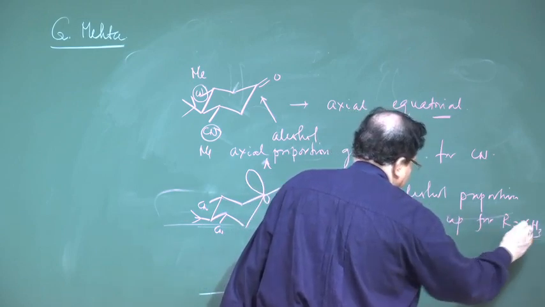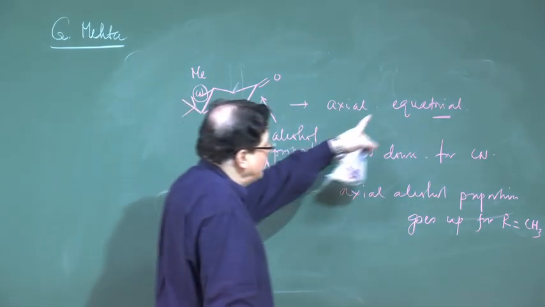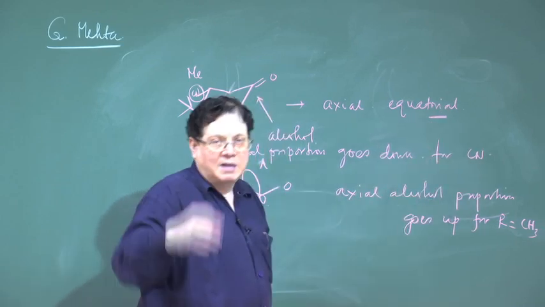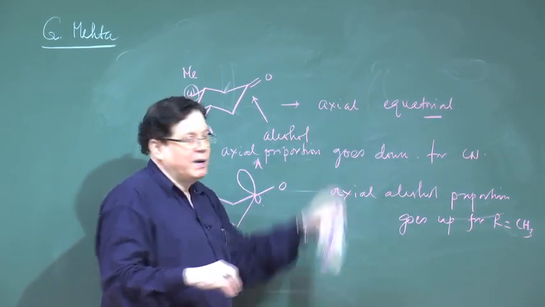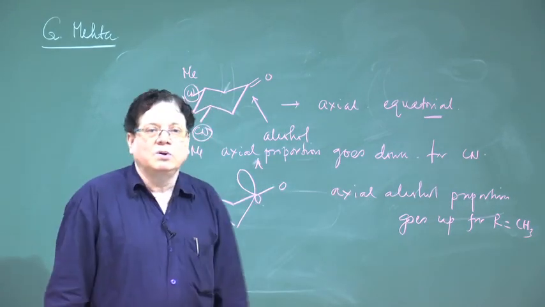But do not expect that this will be the major product. What I am saying is that always the equatorial alcohol is the major, but the percentage of axial alcohol is perturbed while going from cyanide to methyl.